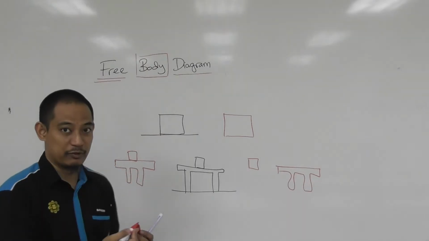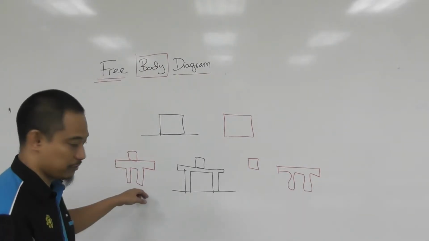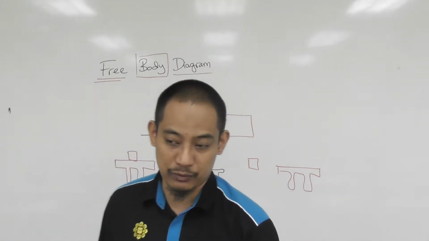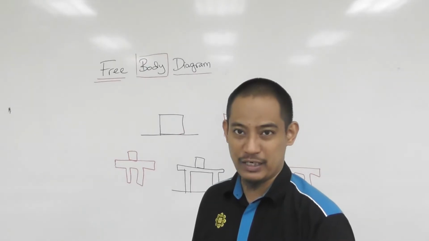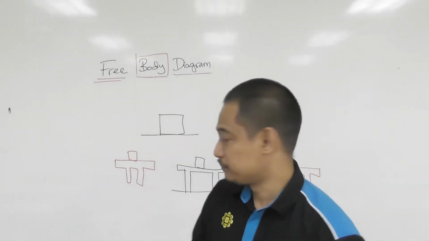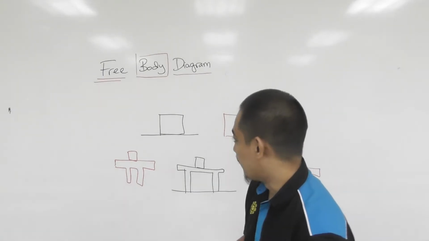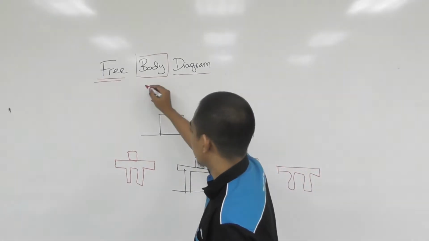okay, if this is my body, then it should be free from the floor, and this is one body. That is what we will be dealing with in chapter 4 or 5 later on, because in this chapter we don't have this possibility yet, because our body will be a particle.